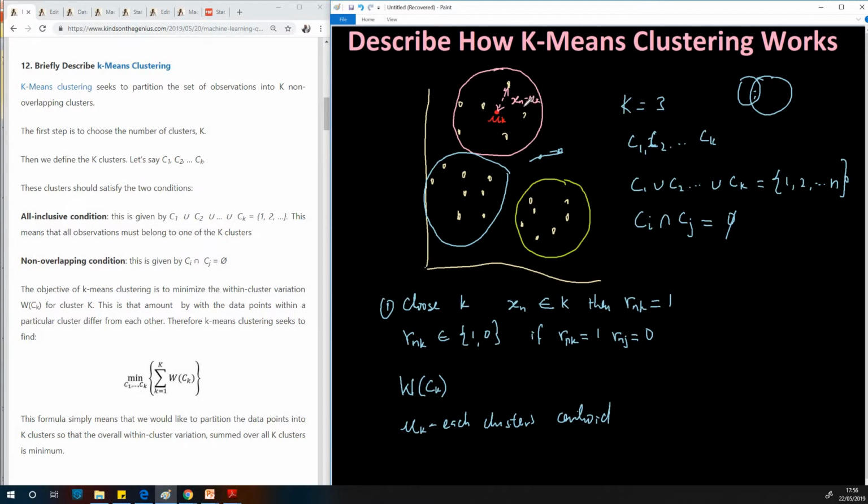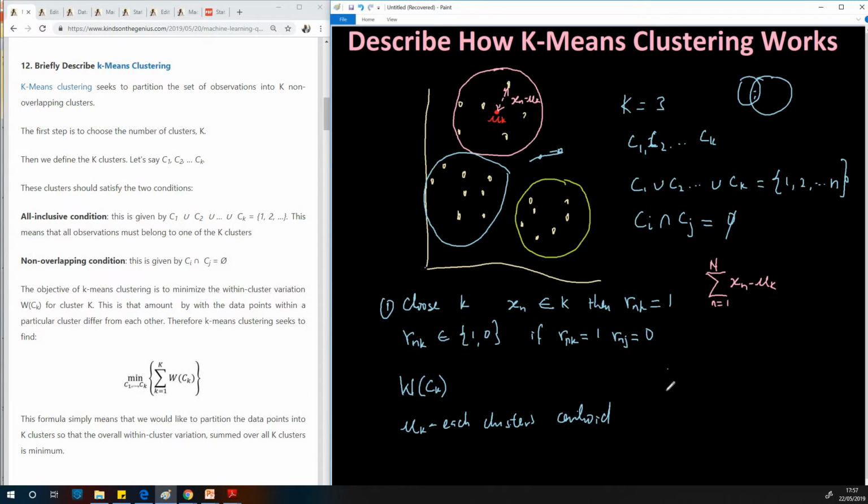We are trying to minimize this distance for all the clusters. If we sum up this distance for all the data points within this cluster, we are going to have sigma of xn minus mu k, with n equal to 1 to the total number of items. But we are not going to do this. We are going to sum it for the three clusters.